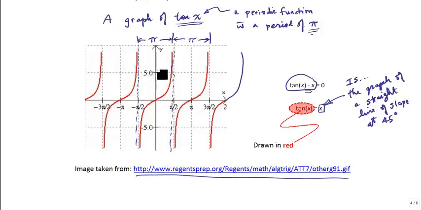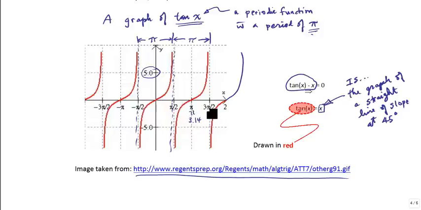Now over here, you'll notice that we have a 5. As you probably know, pi has a value of approximately 3.14. Okay? So let me say approximately.